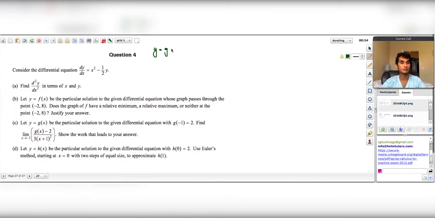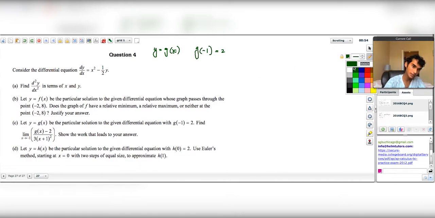Oh, okay. Y equals g of x. So that is the. Oh, they give. Oh, okay. So here they want us to actually do stuff. Yes. We have dy dx equals x squared minus 1/2 y. So we have 1/2 y dy equals x squared dx.